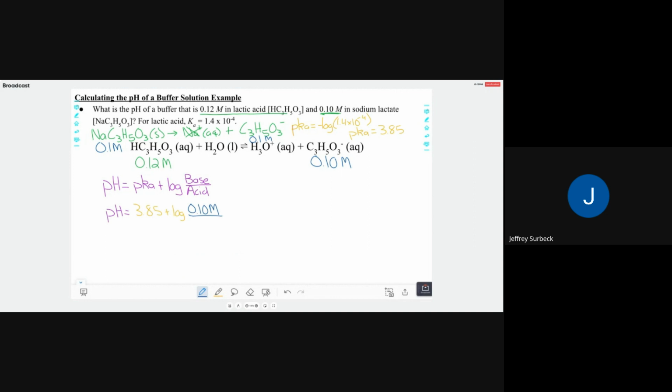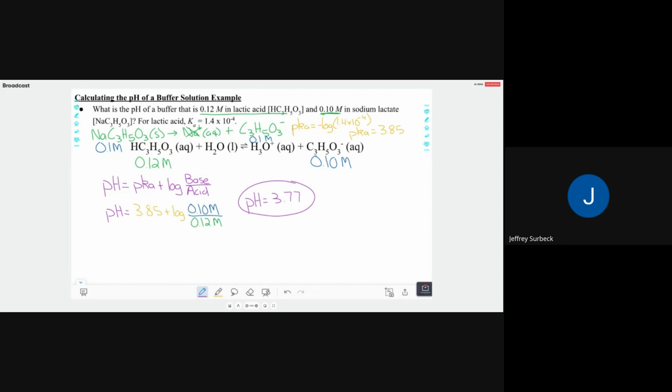What value is our acid? 0.12. Yep, 0.12. And so if I do this, 3.85 plus log of 0.1 divided by 0.12, I get a pH of 3.77. Okay? Now, pH does not change very much from the pKa value.